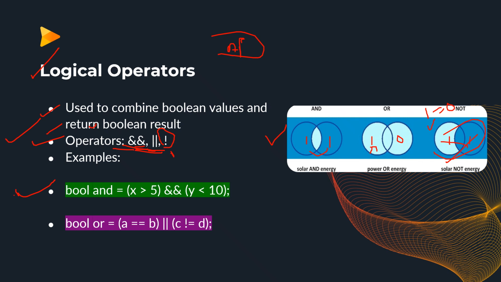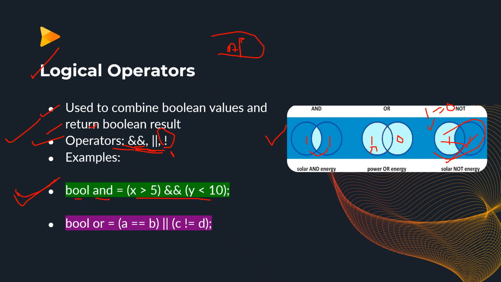Now we will see one example, boolean. This is the data type, and then we have created one variable and assigned the value. Now we have performed a logical operation: x is greater than 5 and y is less than 10. Suppose the x variable value is 7.